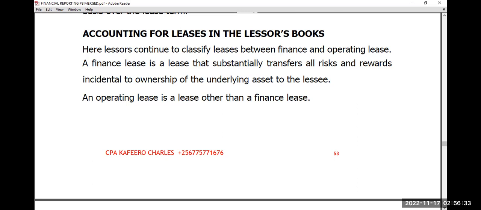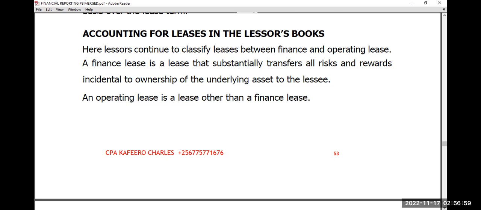And at the end of the day, the person is not going to buy the asset at the end of the lease term. So what we are basically saying here is that the lessor will continue to separate or classify these leases into finance and operating leases.